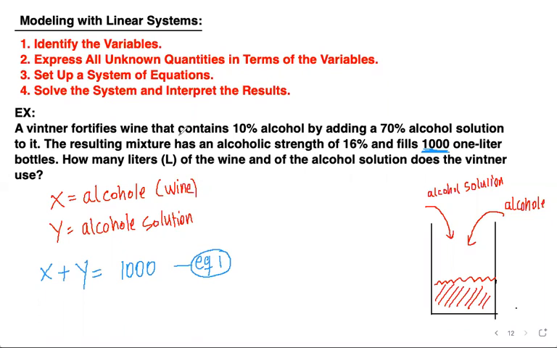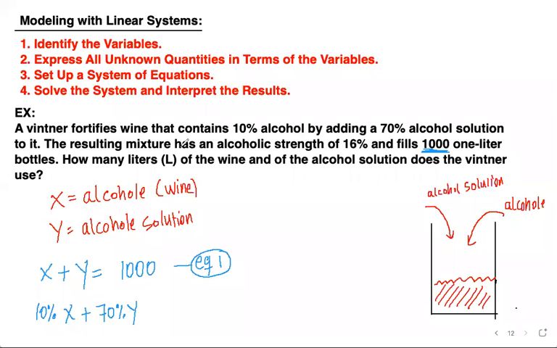Also, if I read the question again, they told me this vendor wants to make a different kind of alcohol. He adds 10% alcohol. So I can say 10% times X alcohol, plus 70% times Y alcohol solution.